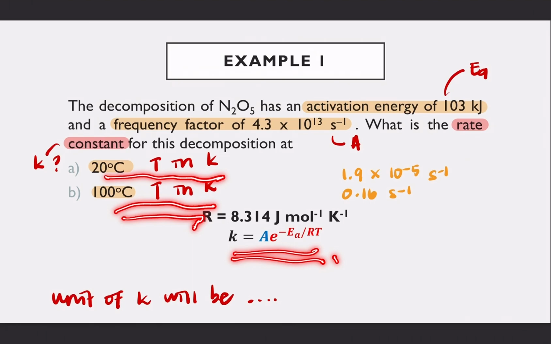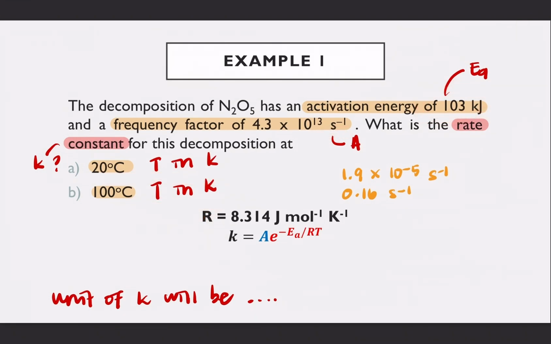Make sure your activation energy is in joule per mole, so change this from kilojoule to joule per mole. It must have per mole because activation energy is per mole. Then just put in your A, plug in your values and you should get these answers. The unit of your k, your rate constant, will follow your frequency factor unit, which is per second. So make sure to write down the unit and make sure it is correct.